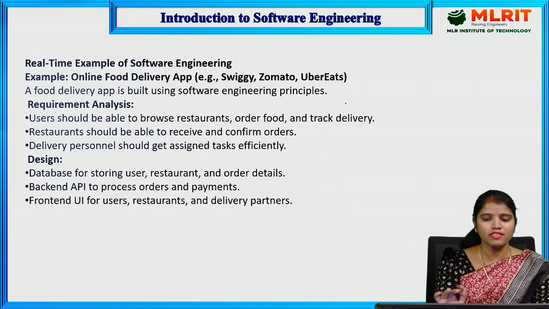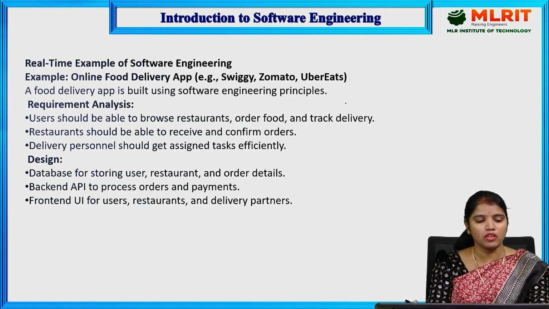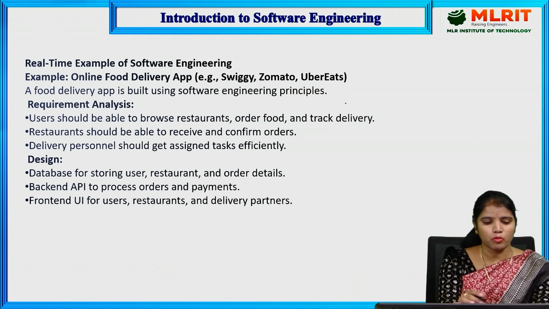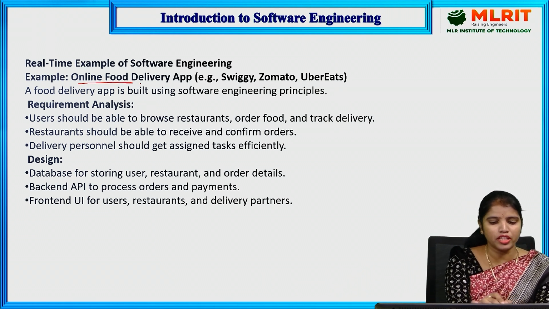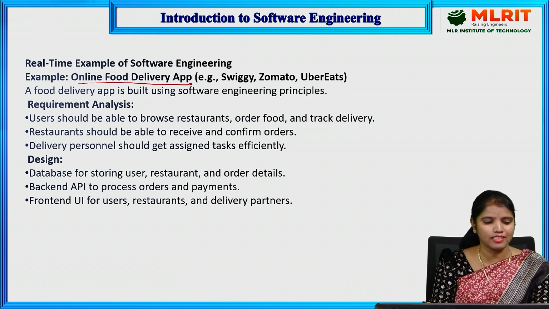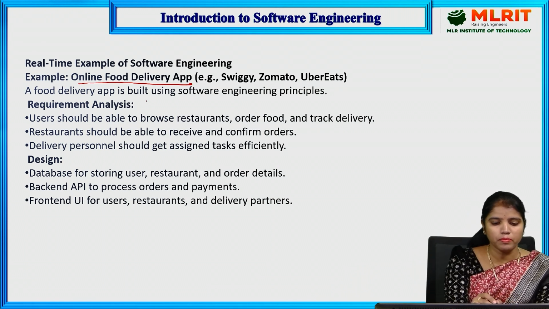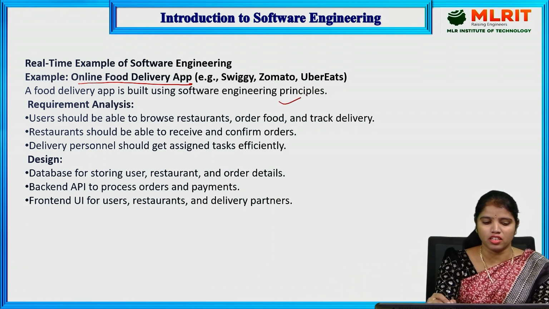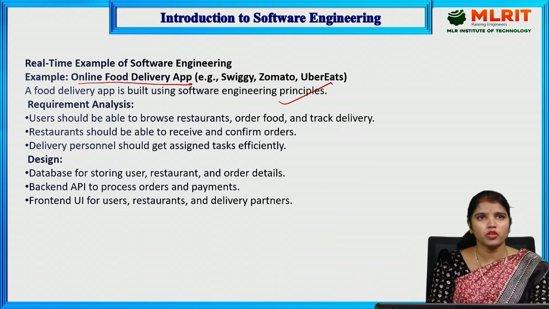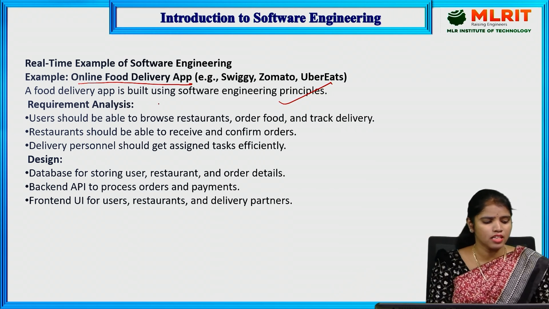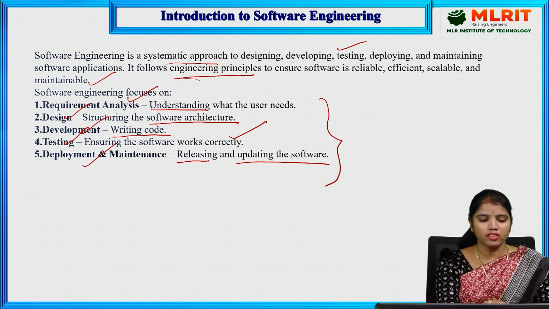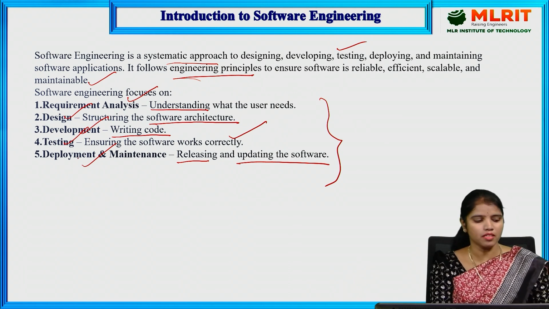Now, for software engineering, I am giving a real-time example based on an online food delivery app. A food delivery app is built using software engineering principles. As we know, there are 5 criteria levels: requirement analysis, design, development, testing, deployment as well as maintenance.